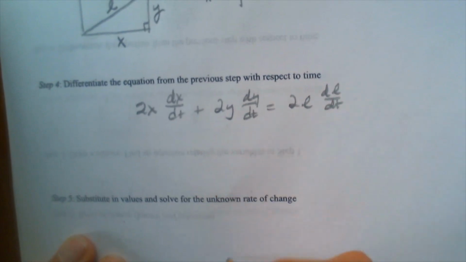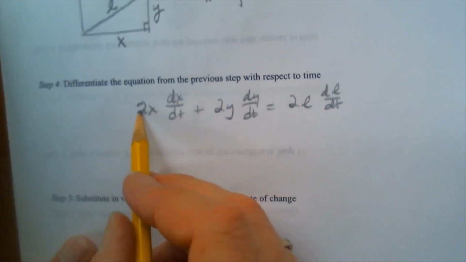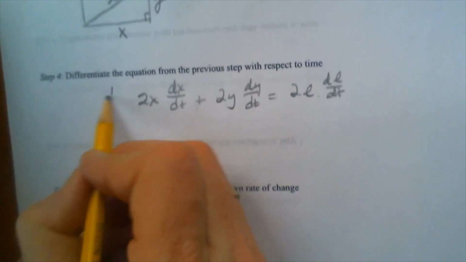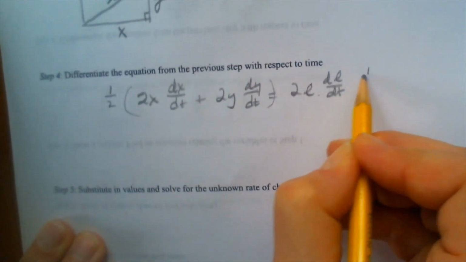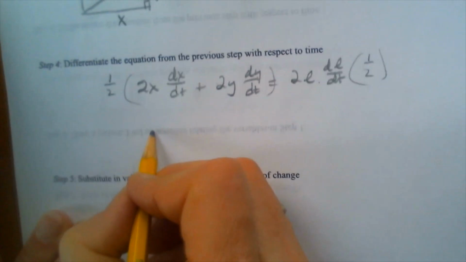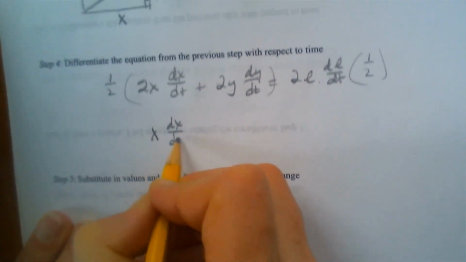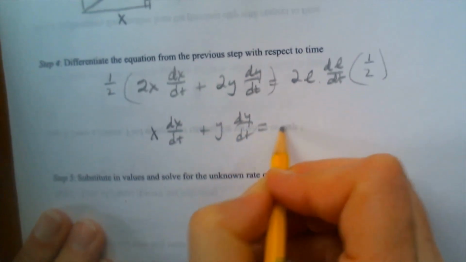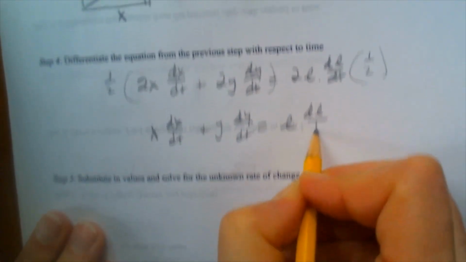And if you want to make this equation a little bit simpler when we're going down to step 5, because there's a 2 that's a common factor in every single term here, we can multiply both sides of this equation by 1/2 to get x dx dt plus y dy dt is equal to L dL dt.